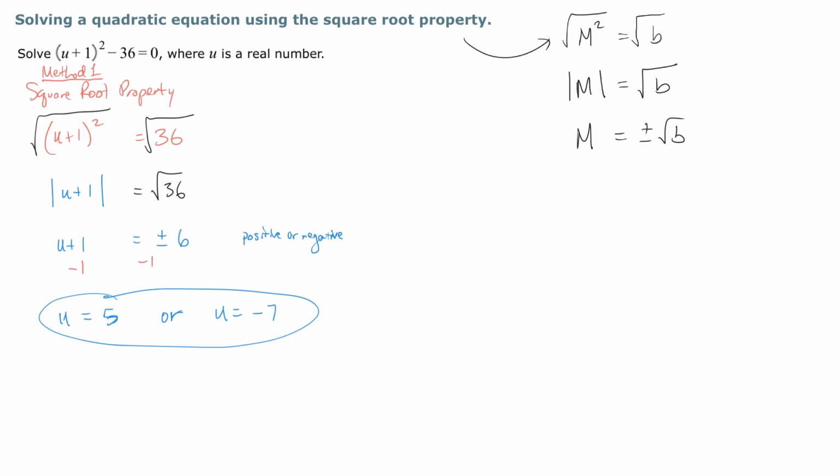Let's use an alternative method to check our answer. The alternative method I'm going to suggest is actually factoring. We could factor this. So method 2, just to give some variety here: u plus 1 quantity squared minus 36 is equal to 0.